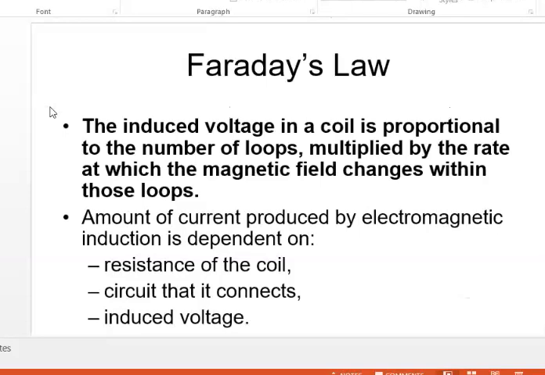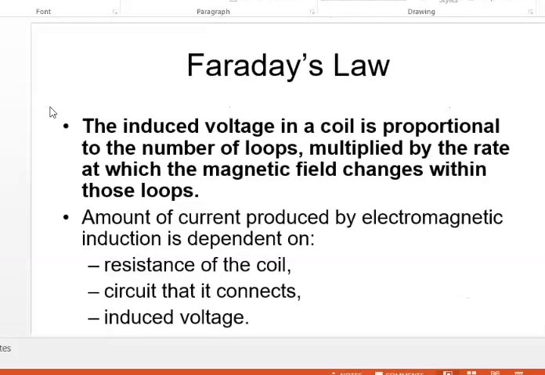Next, it is directly proportional to the rate at which the magnetic field is changing within the coil. So when you combine these two factors together, you can say that according to Faraday's law, the induced voltage in the coil is directly proportional to the number of loops multiplied by the rate at which the magnetic field changes within these coils.